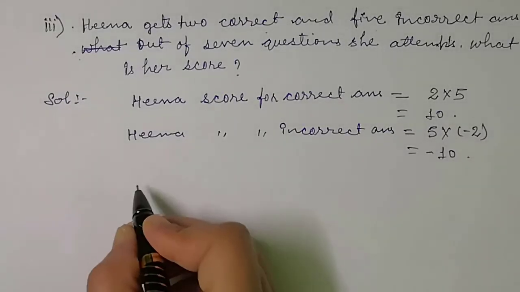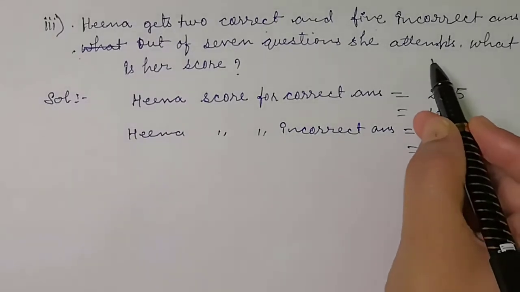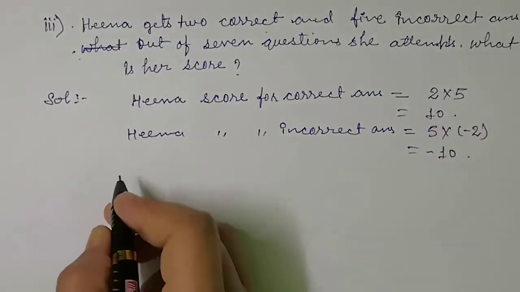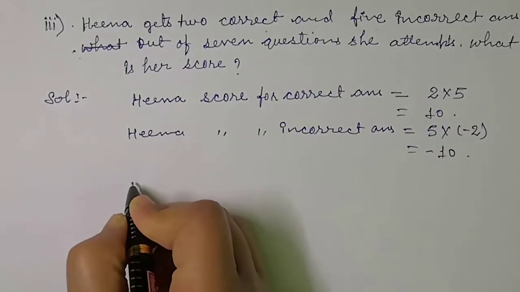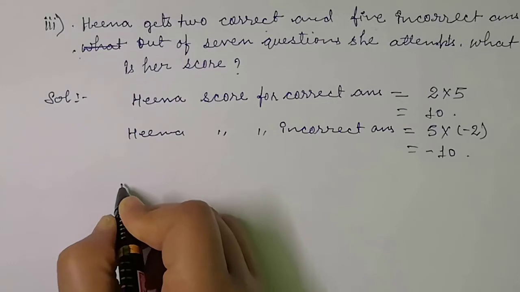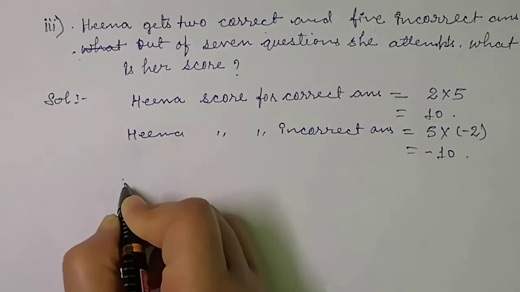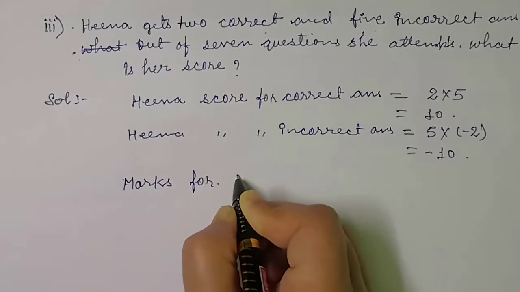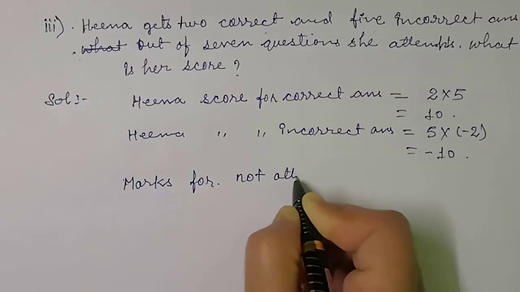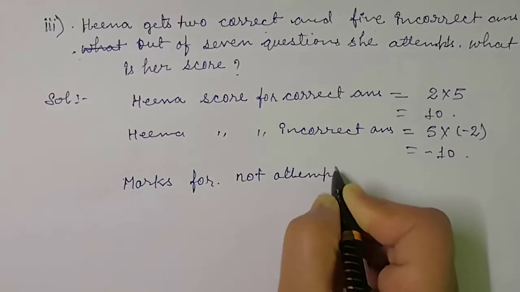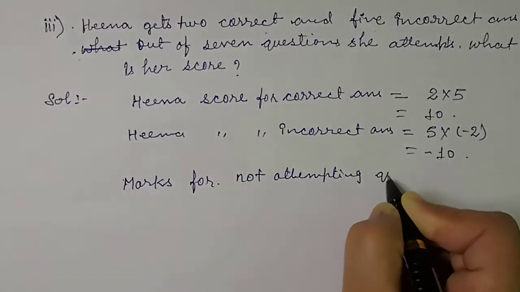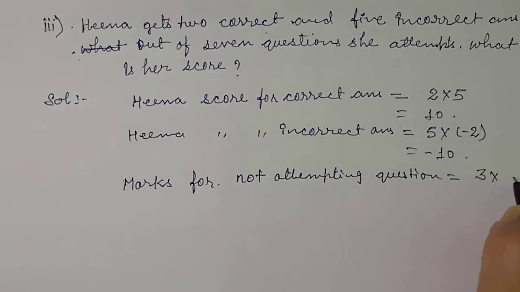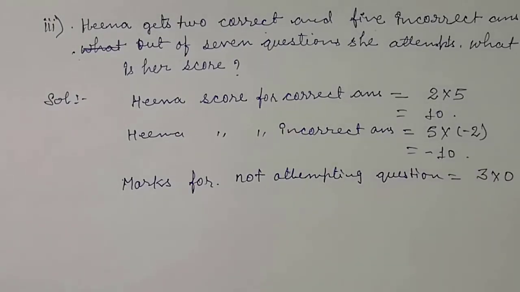See, one more line I will have to add here, because she attempts 7 questions and the rest 3 questions she doesn't attempt. So Hina's score for not attempting: here we'll write marks for not attempting questions, that is 3 into 0. 0 marks is given for not attempting.